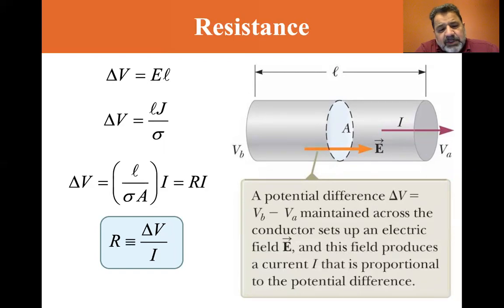If you just play with this formula, you'll see that R is equal to delta V divided by I. Delta V equals R times I, and I is equal to delta V divided by R. So those are the three equations that you're going to use for calculating Ohm's law. And the resistance is expressed with the capital letter omega, and we call it ohms. 1 ohm is equal to 1 volt per amp.